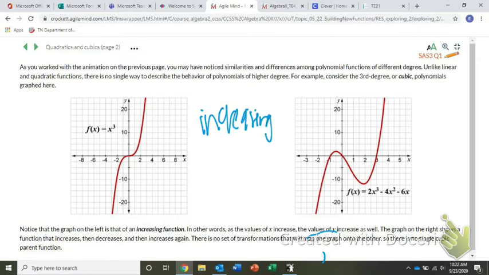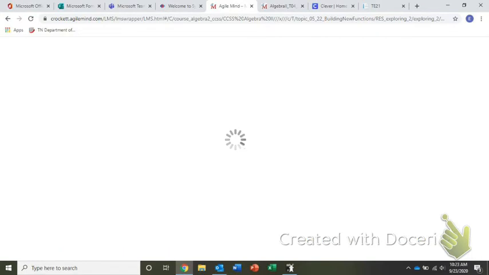Now this graph on the right shows that the function increases, and then it decreases, and then it increases again. So there is no set of transformations that will map one graph onto the other. Okay, so there is no single cubic parent function. You just can't do it. You've got all of the different things. So I'm going to go back one screen.